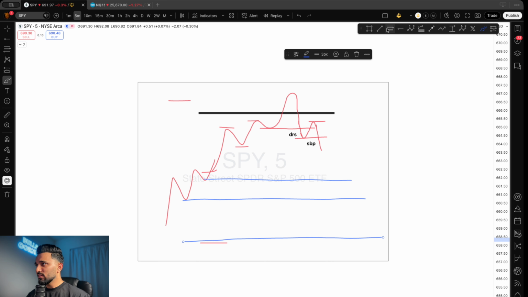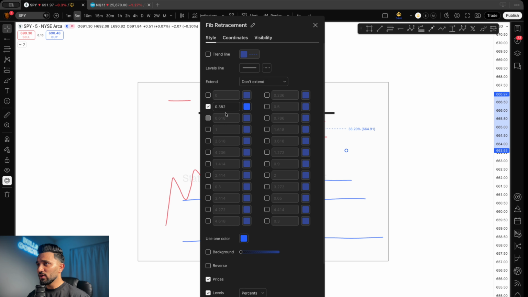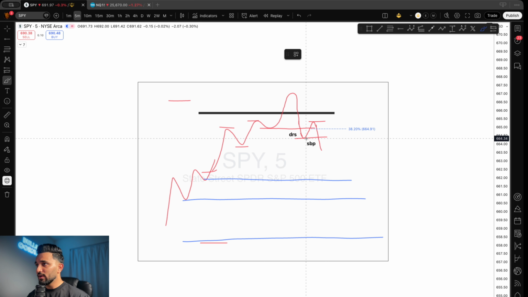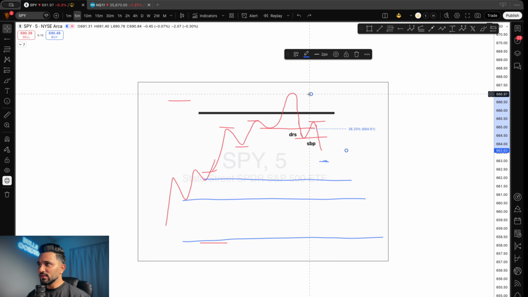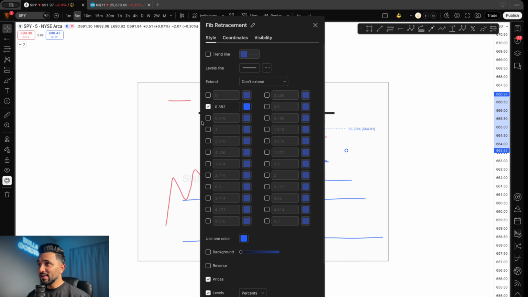And I also added this fourth step here, but this is not necessary. But let's say price extended all the way to the downside, let's say after SBP, price breaks and just flushes to the downside. At that point, the risk to reward is kind of messed up here. You don't want to add a short here and put your stop loss right here, because that is going to be too big of a stop loss. So what I do in that case is pull out your fibs, and from highs to lows, you mark it from 38, 50 to 61.